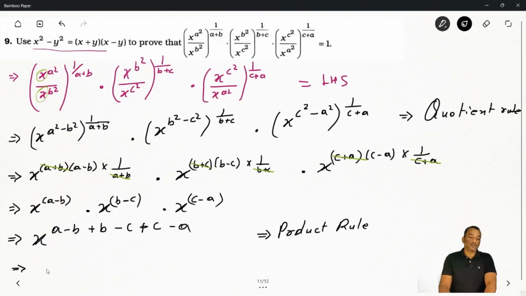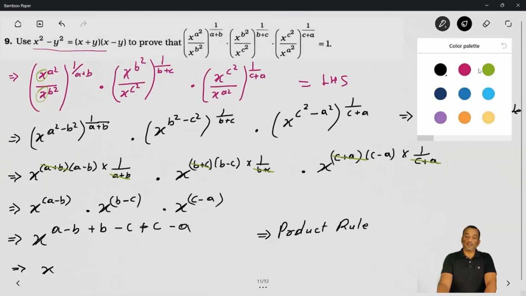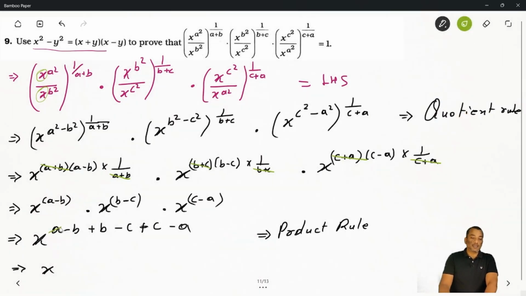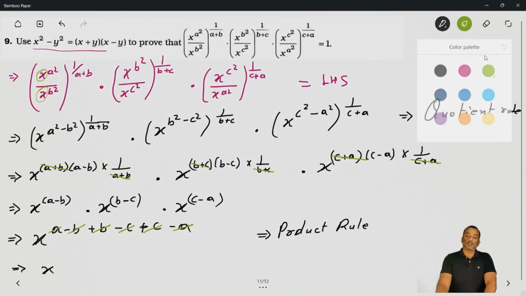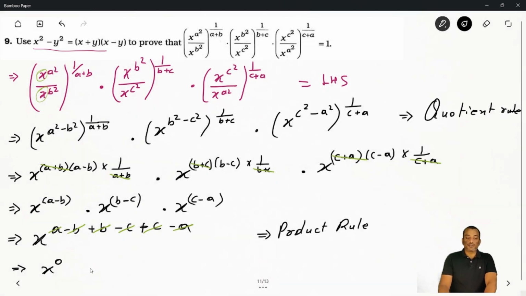You will get a, you can see again this a and this plus a and minus a cancel, minus b plus b cancel, minus c and plus c get cancelled. So how much will you get here? You will get x to the power 0, that is equal to 1, which is equal to RHS. Hope it's clear. Very simple way.